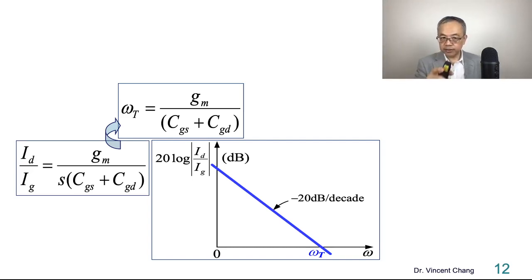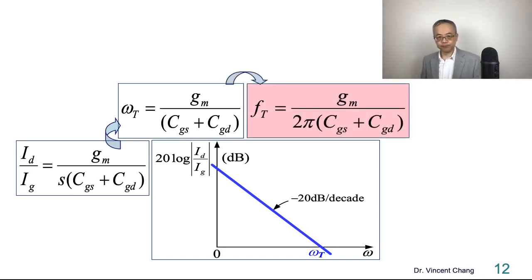And omega t now is what? It's the transconductance of the MOSFET divided by CGS plus CGD. If you plug in the omega t to replace the complex frequency S, you will find out that the gain is 1. It's unity, 0 decibel.